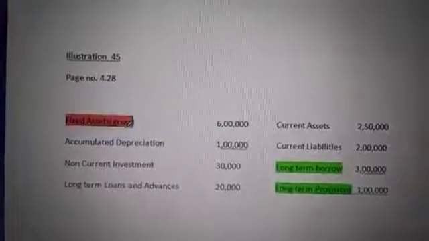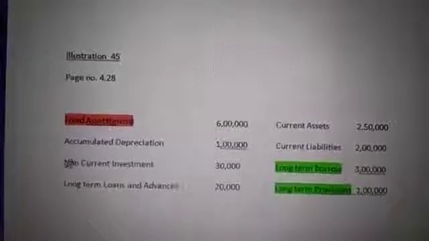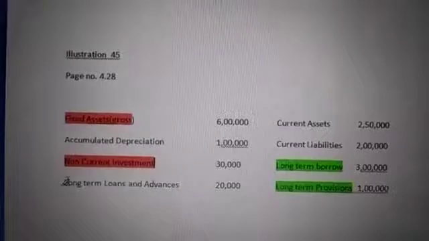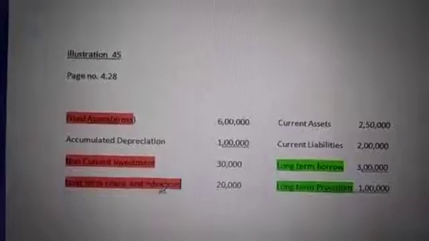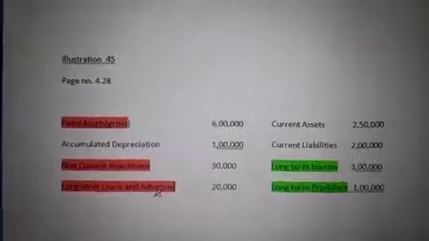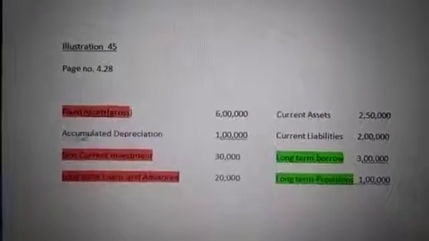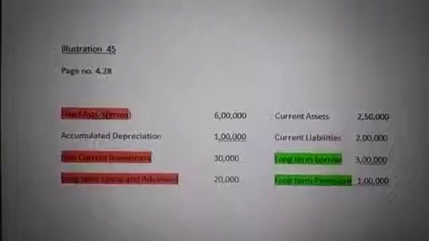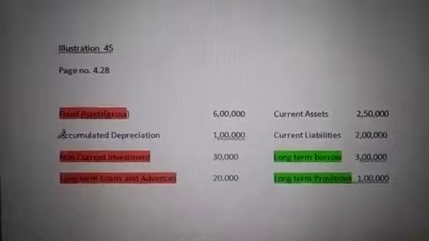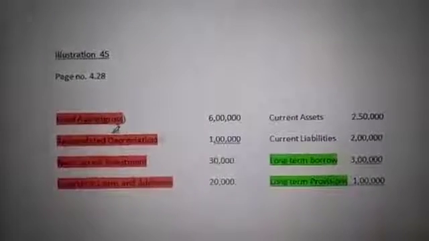This is non-current asset, non-current investment, long-term loans and advances. What are they? They are non-current assets. And accumulated depreciation will be deducted from the fixed asset. That's why we are taking it, right?